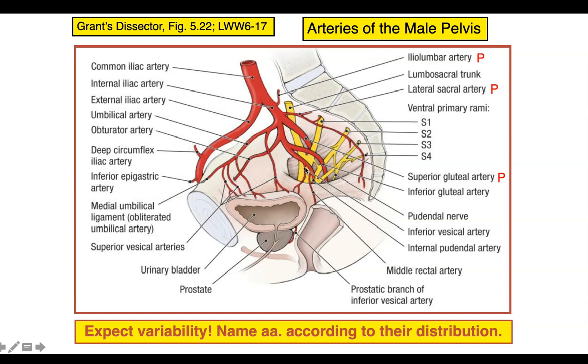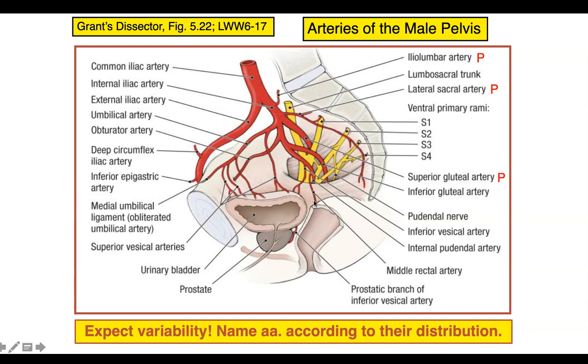The inferior vesical artery is a named branch only in the male pelvic cavity. It goes to the base or neck of the urinary bladder, and it supplies the male internal genital organs, mostly the prostate, seminal gland, and the ampulla of the ductus deferens. Everything gets blood supply from the inferior vesical artery.